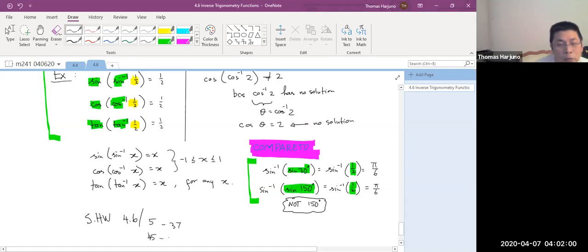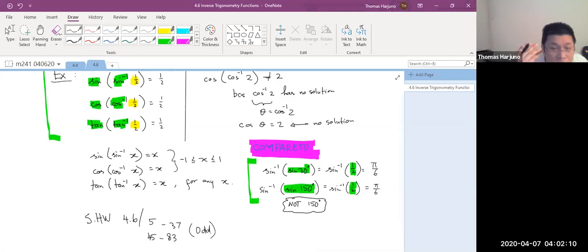Just do the odd ones. Now it seems like it has a lot of problems here. It's around 30 problems, but each one of them is actually quite short. Okay, so please do this suggested homework from 4.6. 4.4 is on the easy side, so I believe you can do it easily too.